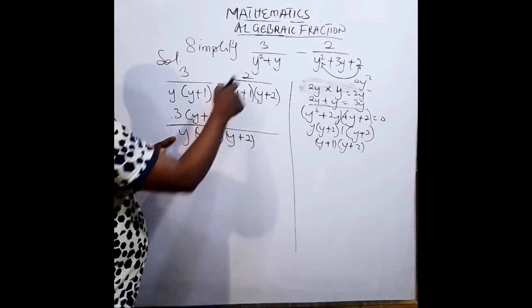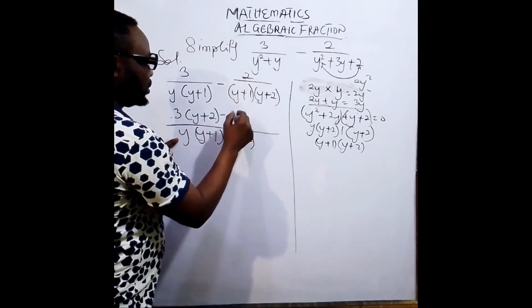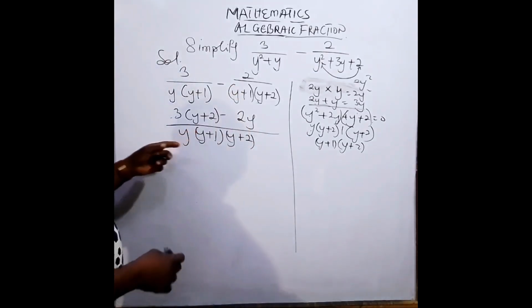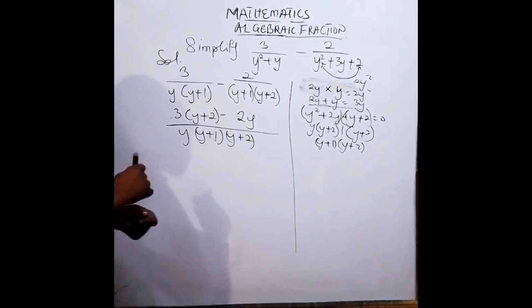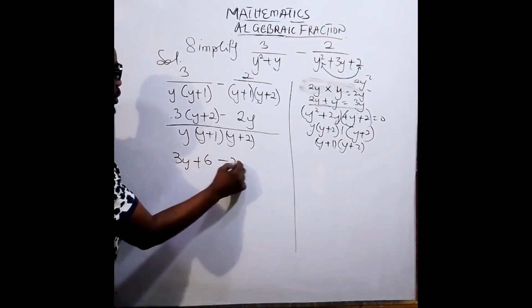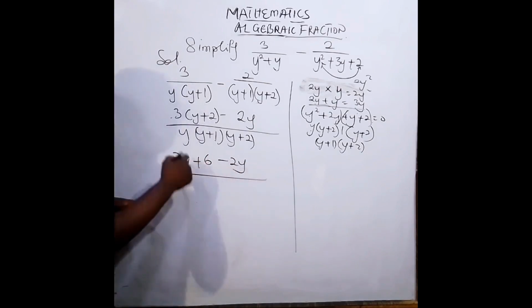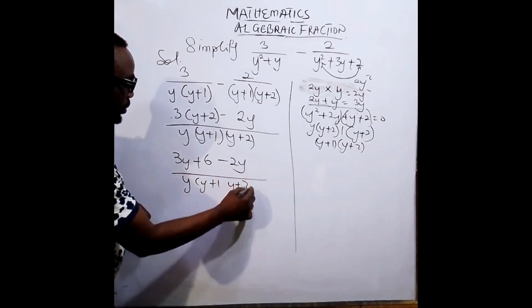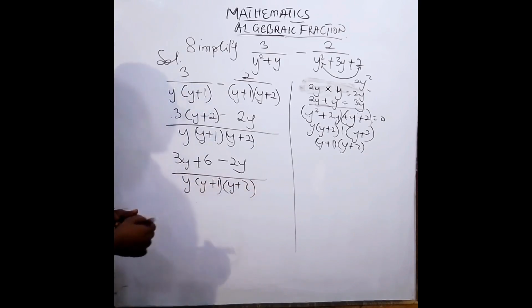It's only this y that will remain. y times 2y, that's 2, that will be 2y. So we're having the numerator equal to 3y plus 6 minus 2y all over y plus 1, y plus 2. Put it in bracket like this.